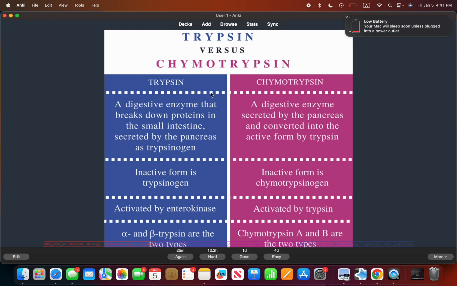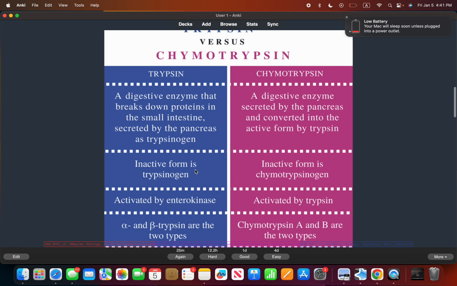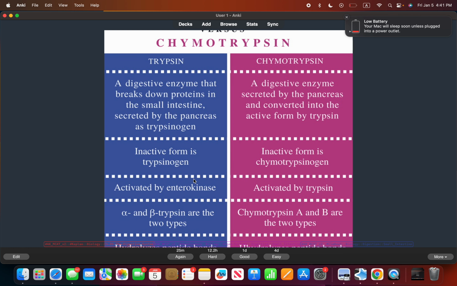So it is trypsin that activates chymotrypsin. The inactive form of trypsin is trypsinogen. The inactive form of chymotrypsin is chymotrypsinogen. So trypsin is activated by enterokinase, but chymotrypsin is activated by trypsin.